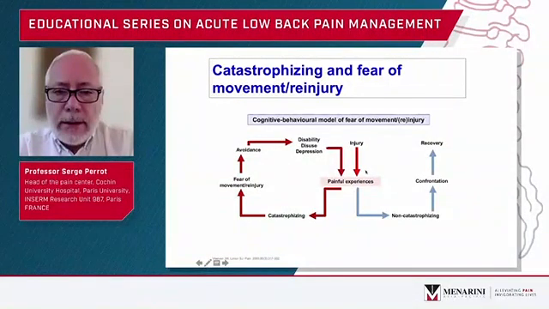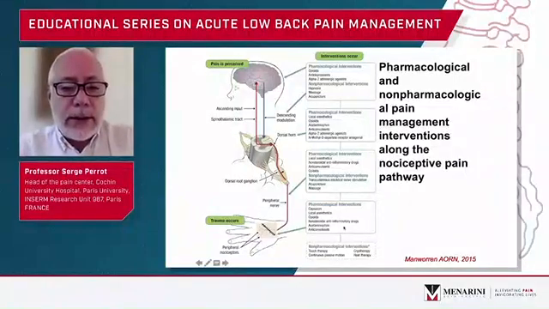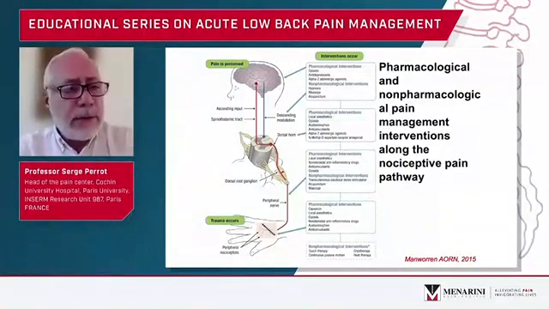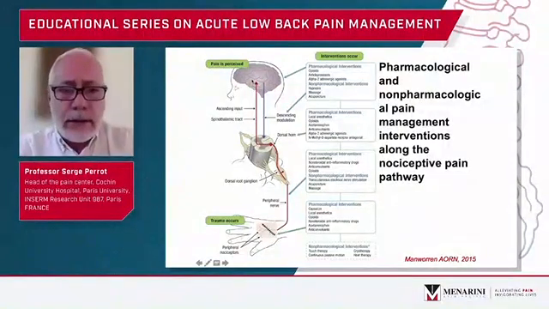Here are the pharmacological interventions along the nociceptive pain pathway. This is in the periphery when there is an injury, for example, acute back pain. We should use treatments that are acting on the periphery, on the nociceptive component, for example, non-steroidal anti-inflammatory drugs, NSAIDs, but we should also act on the nociceptive pathway in the ascending pathway, but also in the descending modulation.